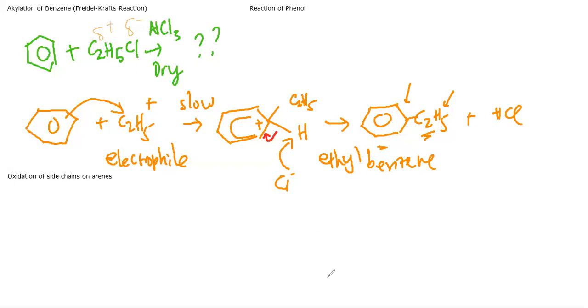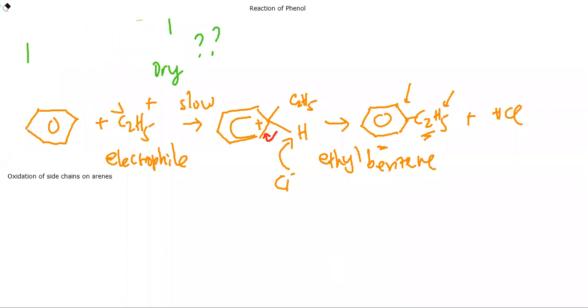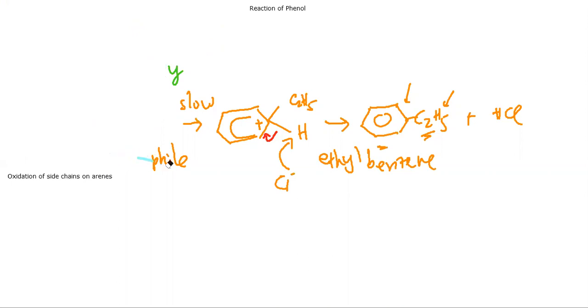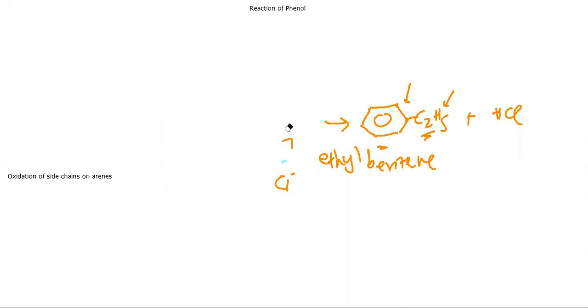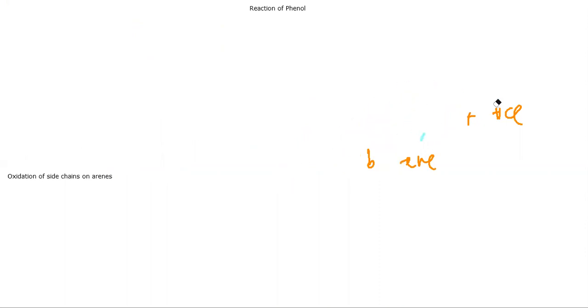Next is the oxidation side chain on arene. Basically, you can oxidize any possible methyl or alkyl that you have on the benzene ring. Then you'll have carboxylic acid.